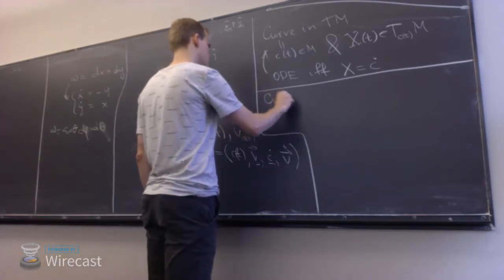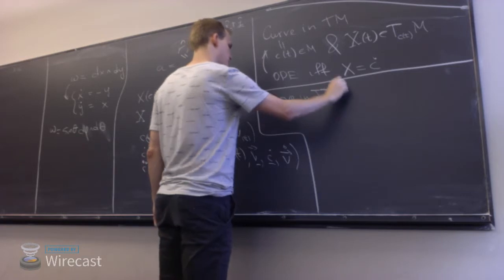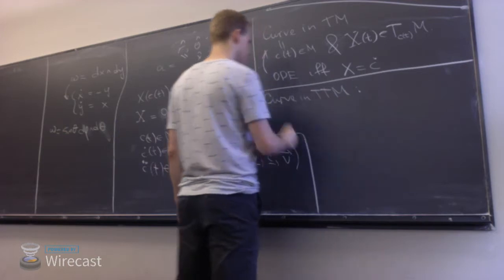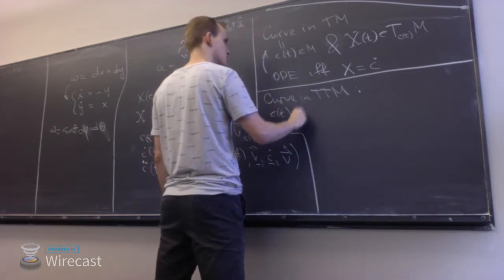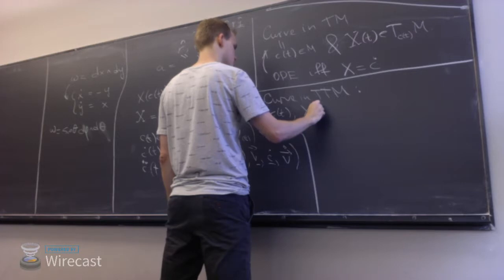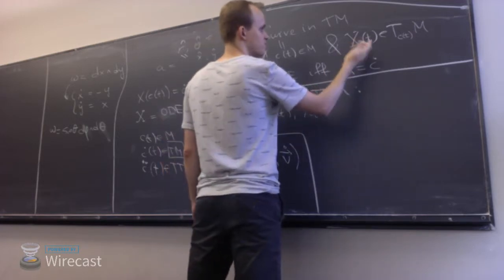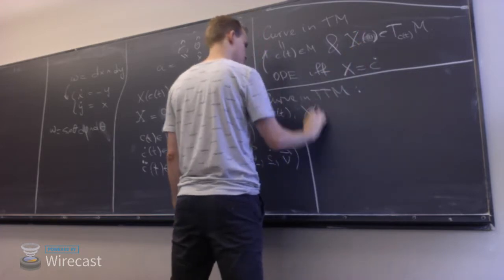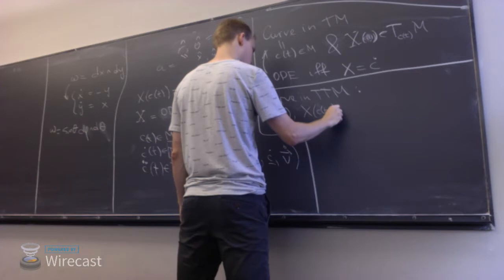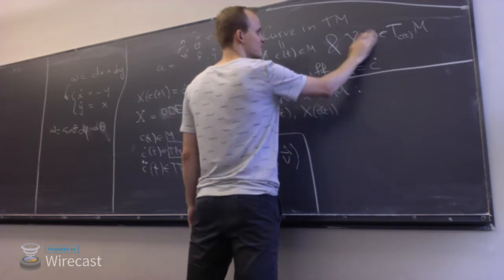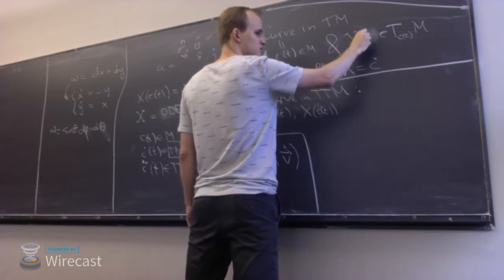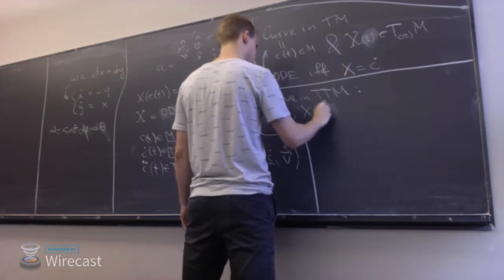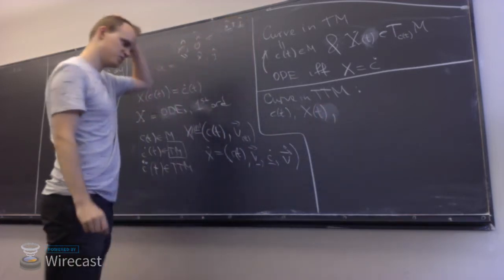So the curve in TTM consists of a lot of things, right? It's c of t, it's x of t, maybe I should write c of t, right? And then what else?